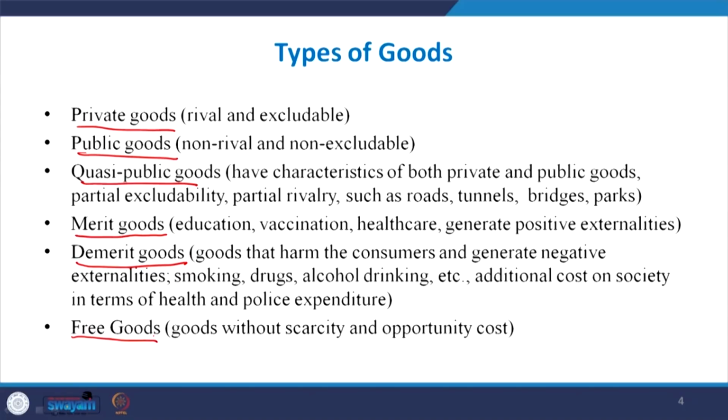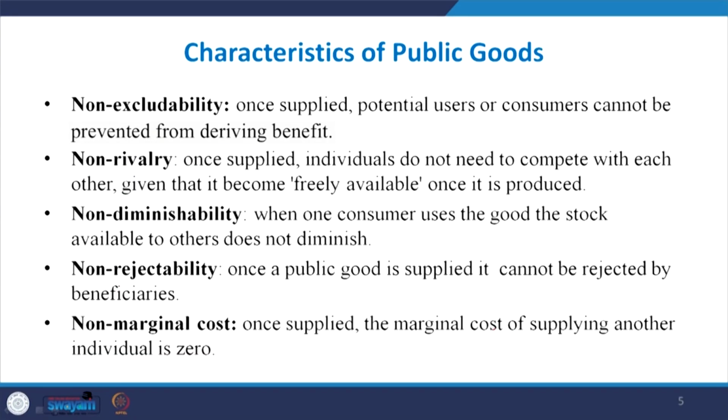So, the opportunity cost of consumption of water at that level is almost zero. Similarly, air is provided free of cost by nature, and if we are consuming air, then we are not paying anything, and there is no opportunity cost imposed on the consumer due to consumption of such kind of products. So, they are called free goods.